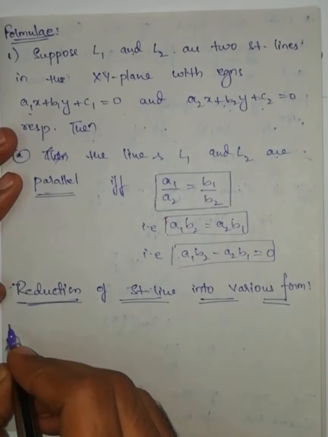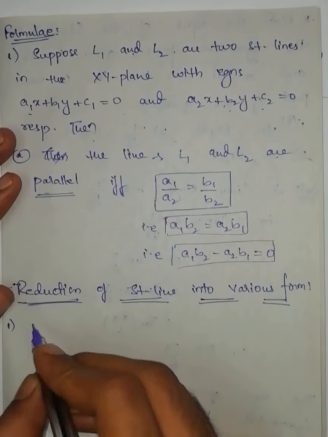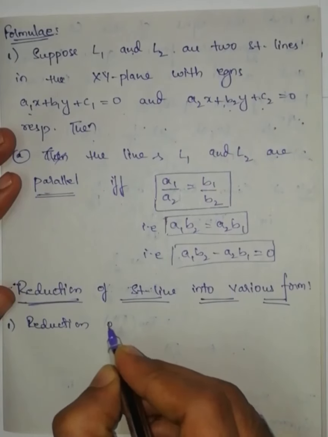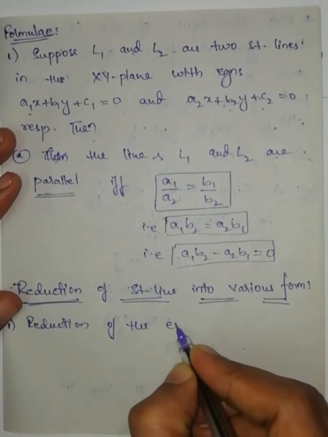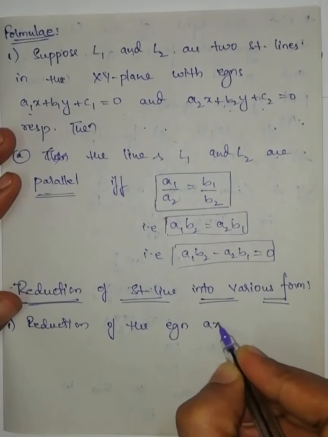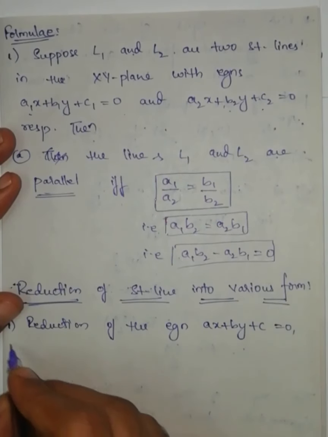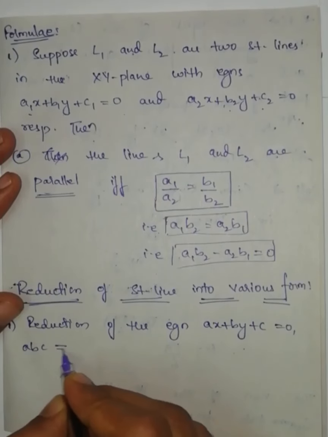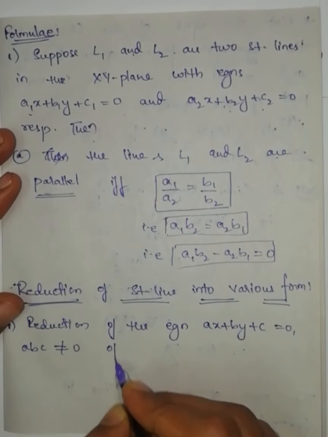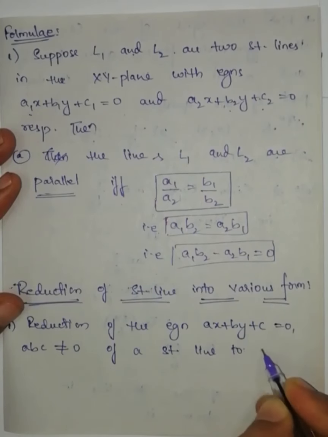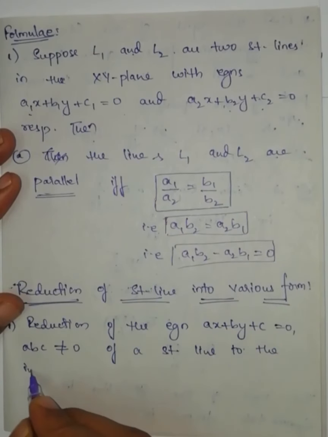In this first one, reduction of the equation ax plus by plus c is equal to 0, where a into b into c is not equal to 0, of a straight line to the intercept form.